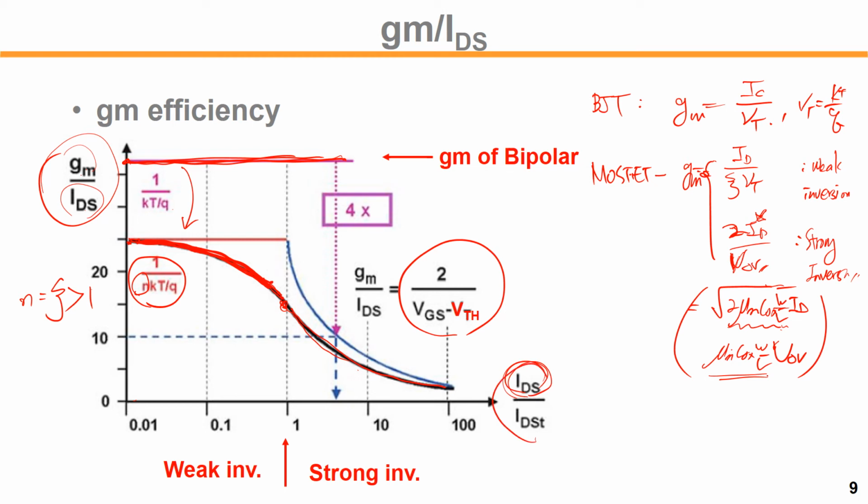If you normalize the current with the boundary between strong inversion and weak inversion, a high current density puts you in strong inversion, and a lower density puts you in weak inversion.